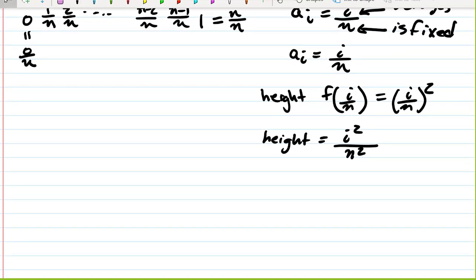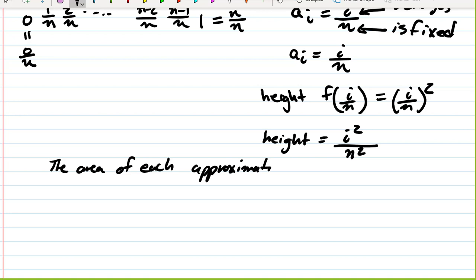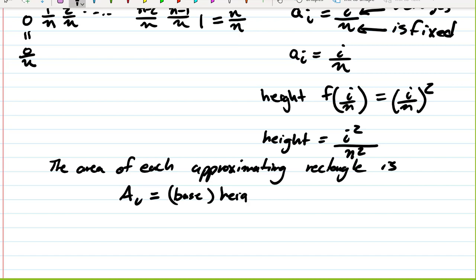So then that's the area of each approximating rectangle, which is its base times its height, which we just found each of those.